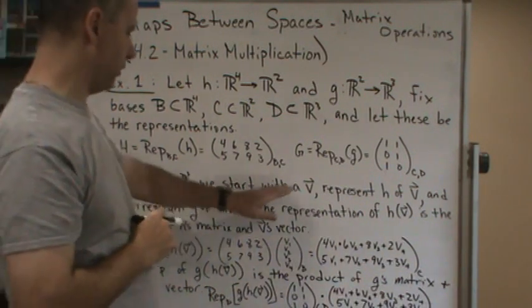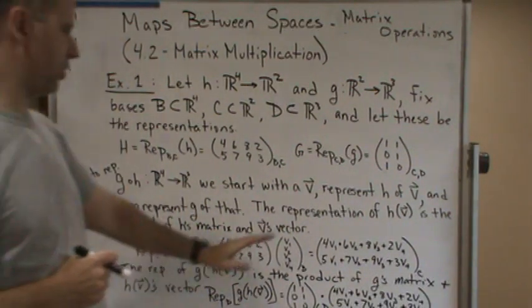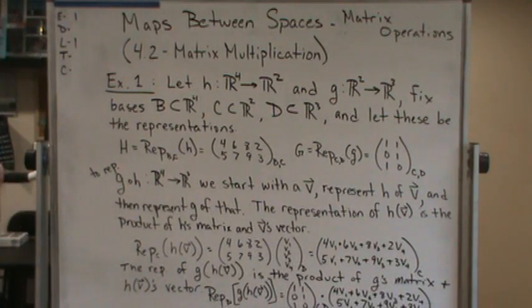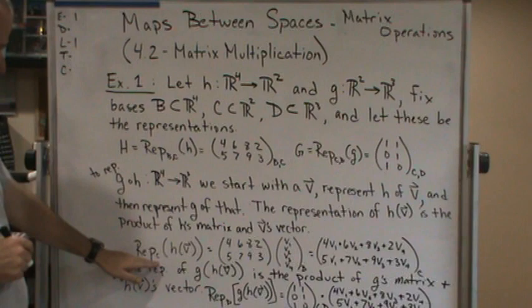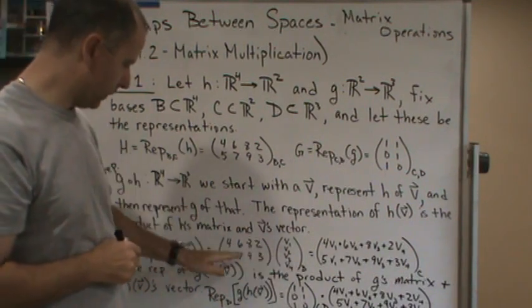We have to have our vector V. And then we're going to write the representation of H of V is going to be the product of H's matrix, right here, by the vector V. Okay? And so the representation with respect to C of H of V is going to be this multiplication.